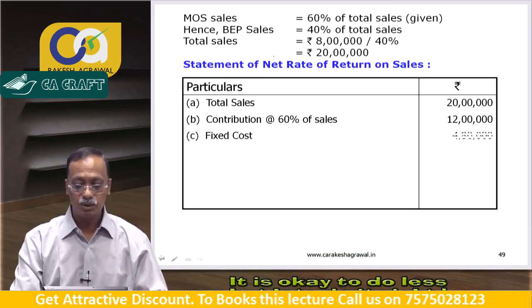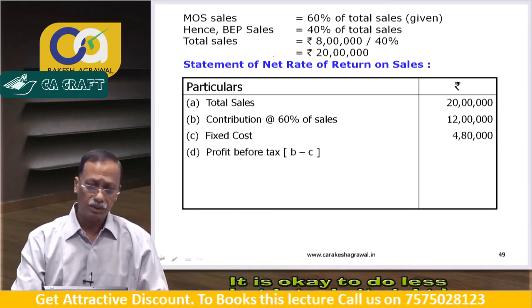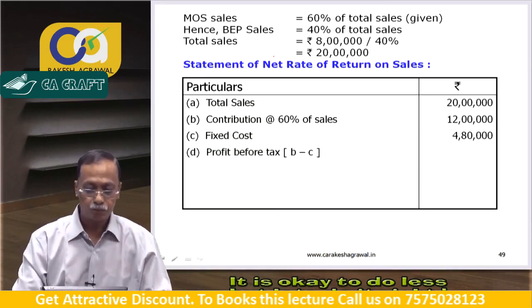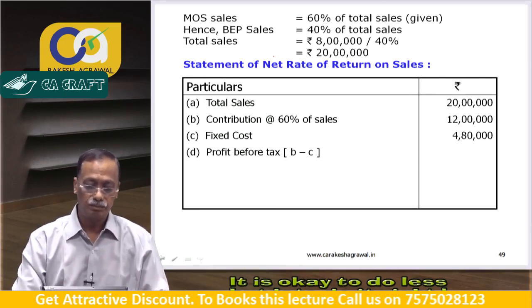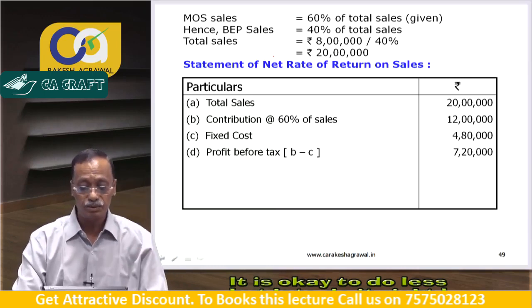Fixed cost is given to you in the question, 4,80,000. Point number D, profit. But you will write profit before tax because in marginal costing we always get profit before tax. So it is profit before tax, that is B minus C, that is 7,20,000.